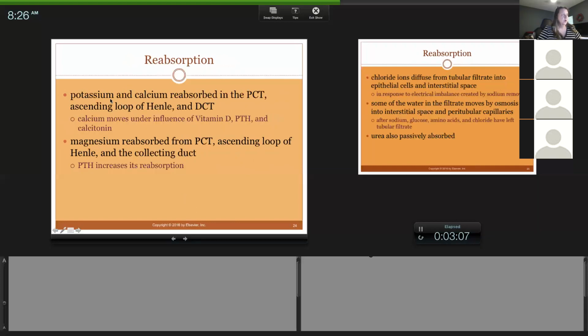So if we're looking at potassium and calcium, they can be reabsorbed at any level, PCT, loop, DCT. Calcium is something I'm going to talk about next when we do the endocrine system. Calcium is under the influence, obviously, of vitamin D, we know that, but there is PTH, which is parathyroid hormone, and calcitonin. Those are two hormones that maintain calcium homeostasis.